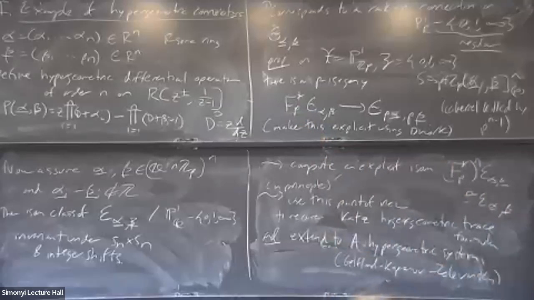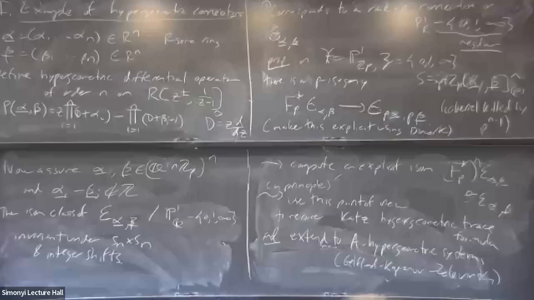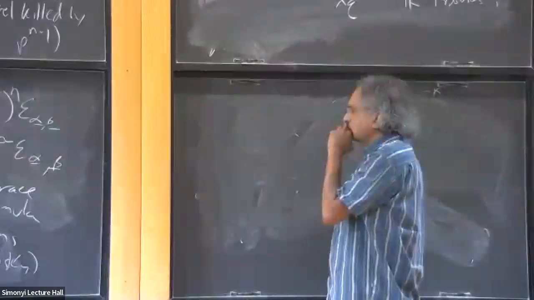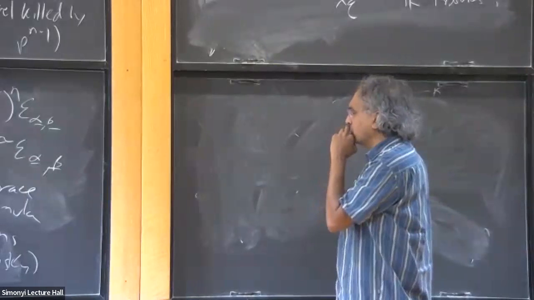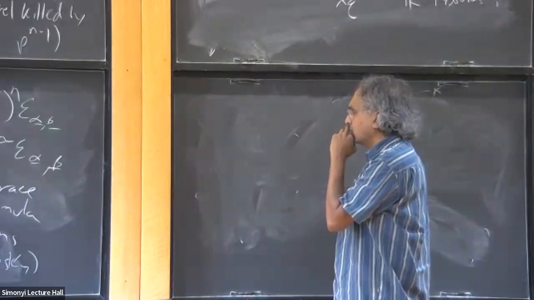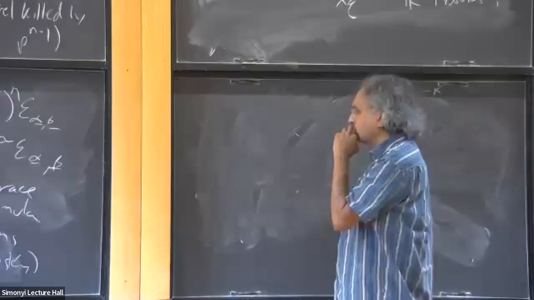To compare things which differ by integers, we have to change the pole and the order of the pole at 0, 1, infinity also. No, everything has a simple pole at 0, 1, or sorry, everything is regular at 0, 1.